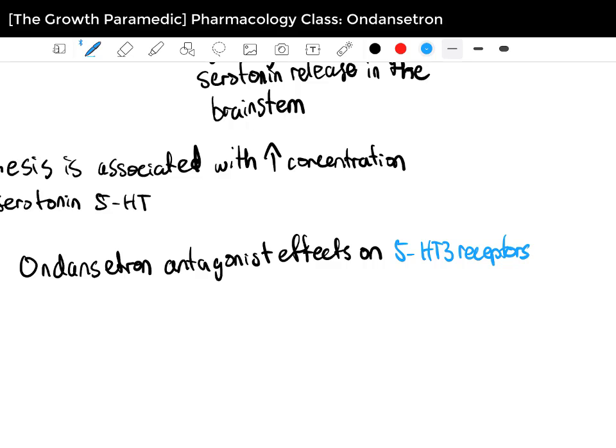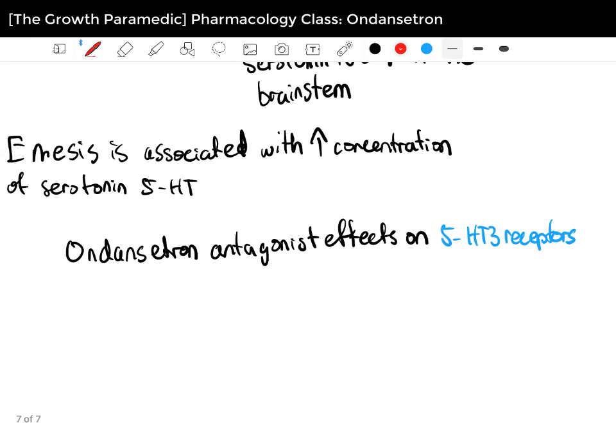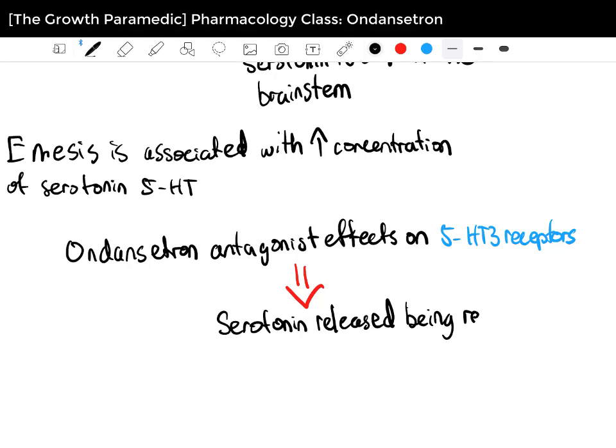Perfect. Results in serotonin release being reduced. Perfect.